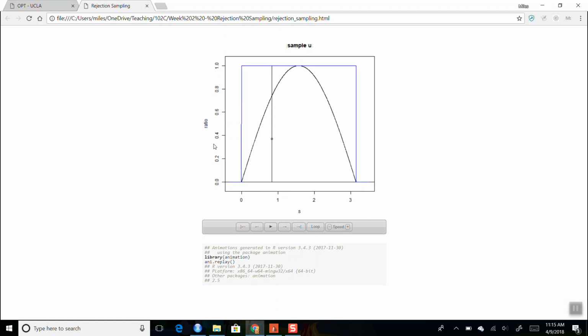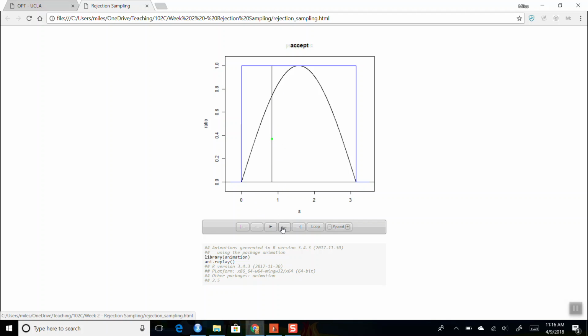The real graph goes from 0 to 1/2, but to show 1/2 is now the new 1, I just multiplied everything by 2. We're proposing a value like 0.38, and if it's below the curve, we will accept it. So we accept it, and we get a little green dot here.